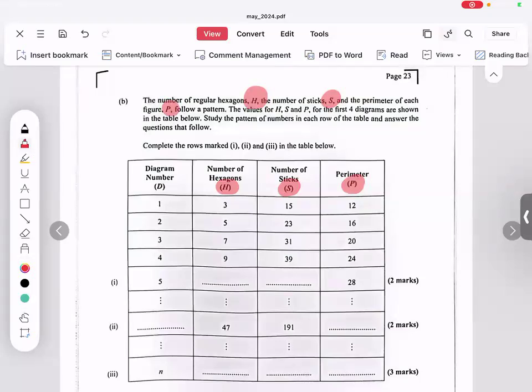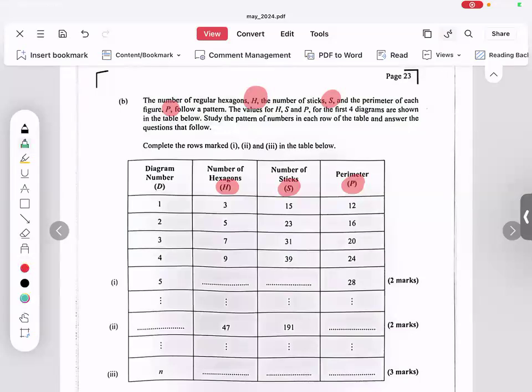You have to figure out the pattern, guys. There's not a set formula for this. So the values of H, S, and P for the first 4 diagrams are shown in the table below. Your task is to study the pattern of numbers in each row of the table and answer the questions that follow. So pay attention to the pattern, guys, and you can figure out something for yourself.